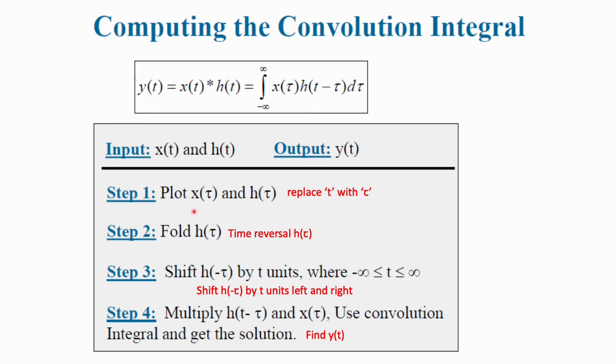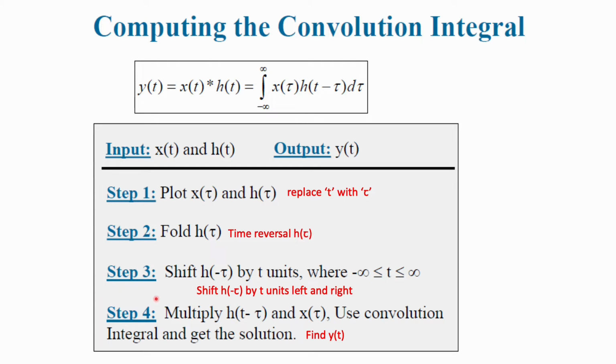Now the step 2 is fold h of t or reflect h of t, h of tau, or time reversal h of tau. Time reversal is nothing but mirror image. So this is reflection. That h of tau is reversed with respect to the y-axis.